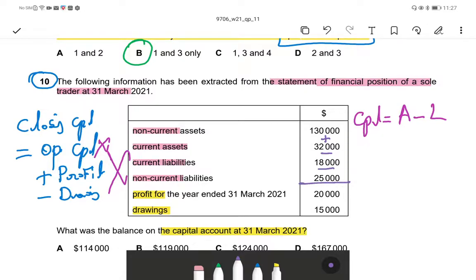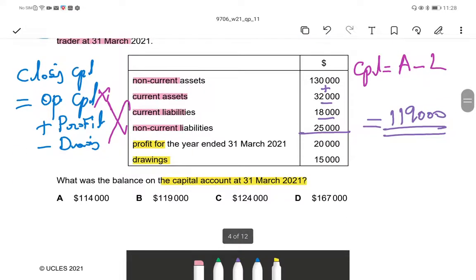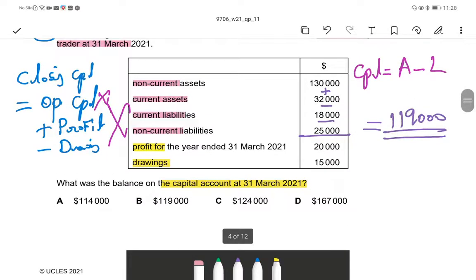Assets minus liability is equal to how much? Asset 130,000 plus 32,000 minus 18,000 minus 25,000 is equal to 119,000. Correct answer is option B.